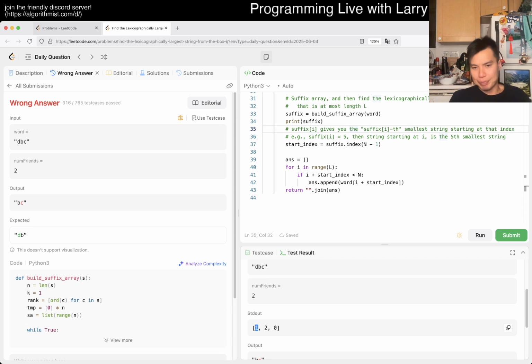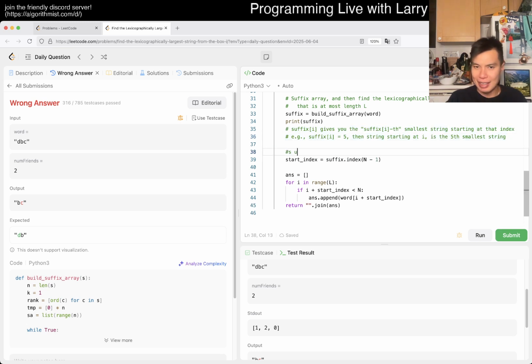Oh, yeah, okay. I see. No, I was mapping it incorrectly. I was saying this, but this is wrong. What this is saying is that suffix sub I, I've forgotten how we use it, apparently, though I think it just depends on how you set it up. But suffix sub I is equal to the I-th smallest string, which starts at index suffix of I. So basically, like I said, I inverted the definition.